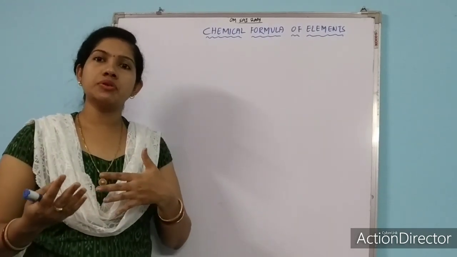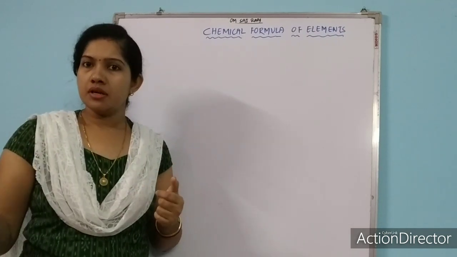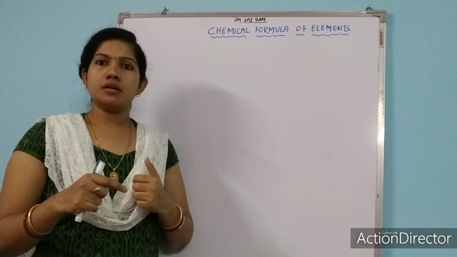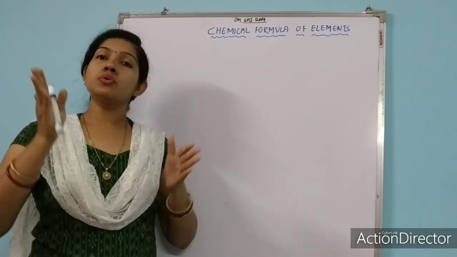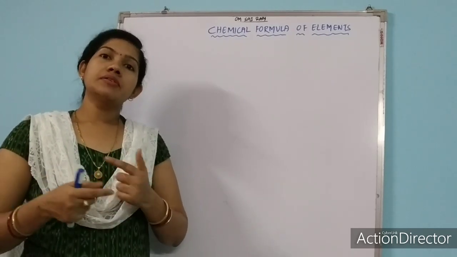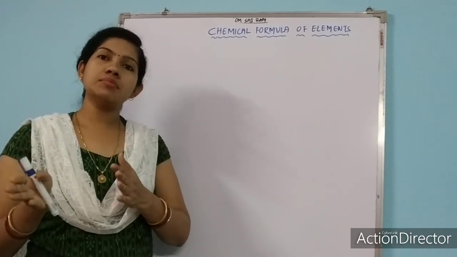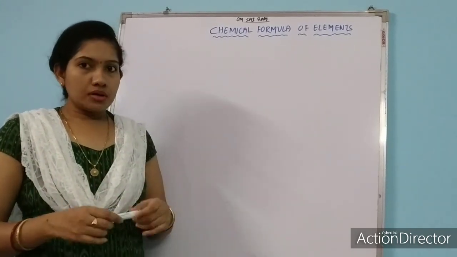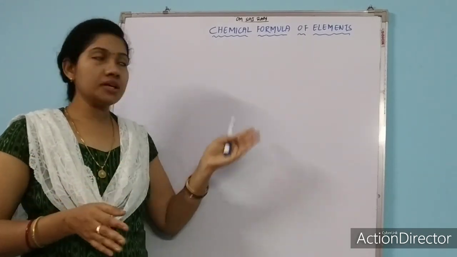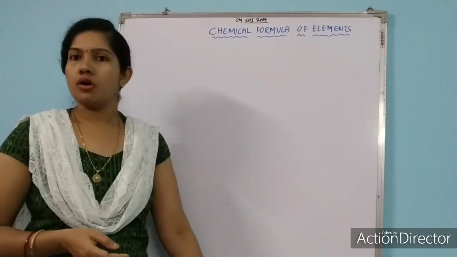There are also tables given to represent the symbols, which we have discussed already. So again I am telling you to complete those symbol tables and try to remember the first 20 elements in the periodic table. So without losing our time, let's come to the topic, that is chemical formula of elements.